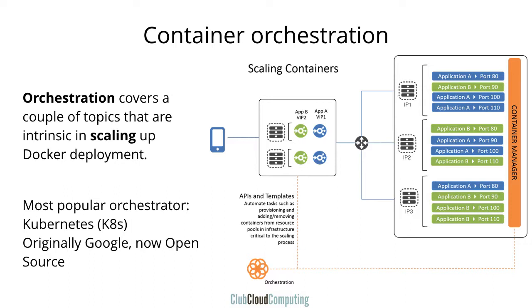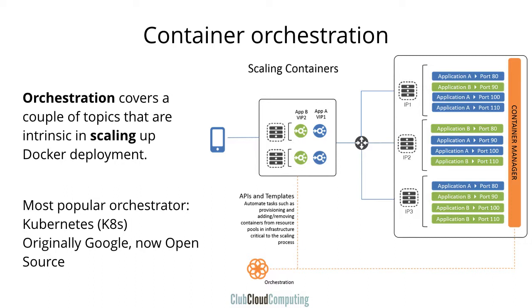What you also see if you look carefully is that the application containers, when they run on the same host, share the same port address space, so the same networking port address space, and that's why they run on different ports in this story.